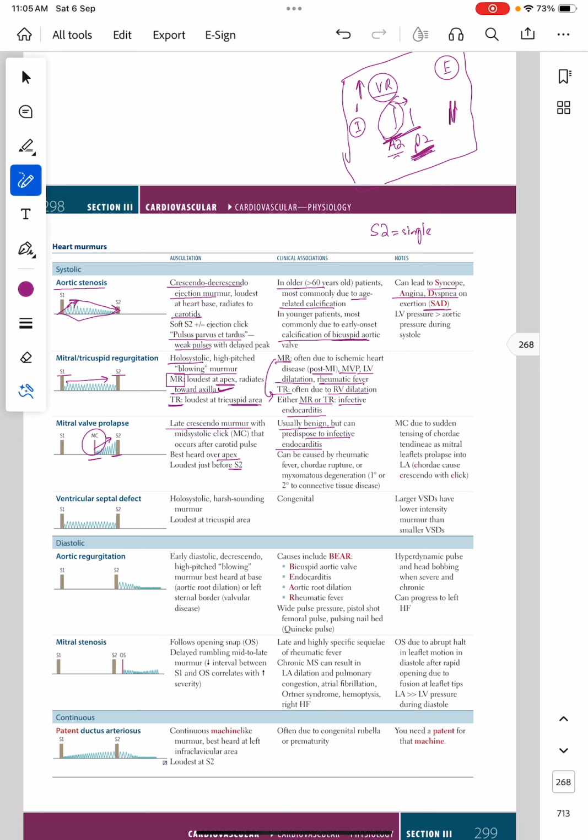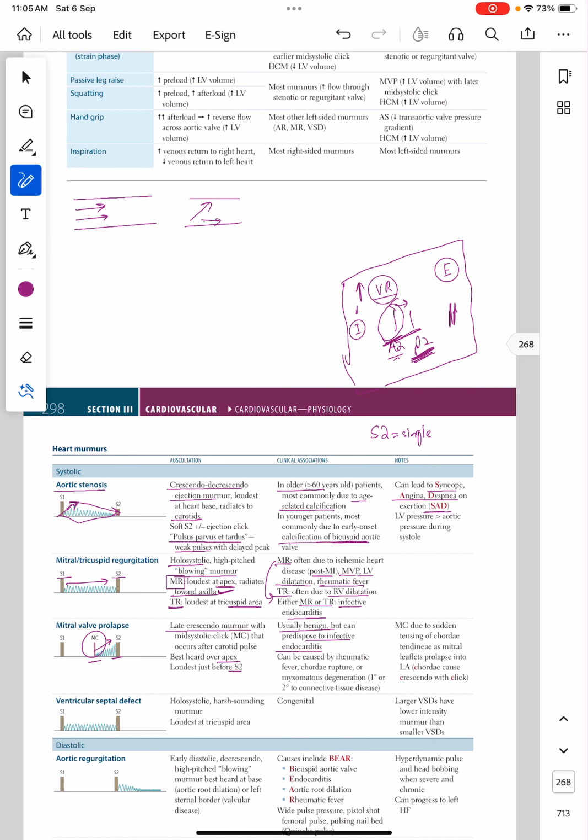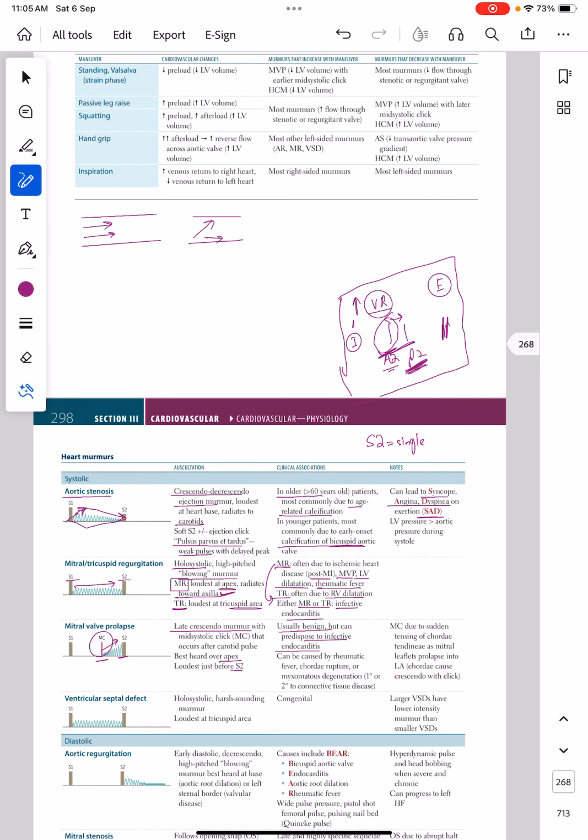Now there is a very important connection. If we discuss murmurs, there is the Carvallo sign. You can remember it by the mnemonic RILE: right-sided murmurs increase with inspiration. Why? Because during inspiration, the intrathoracic pressure falls, so venous return increases.